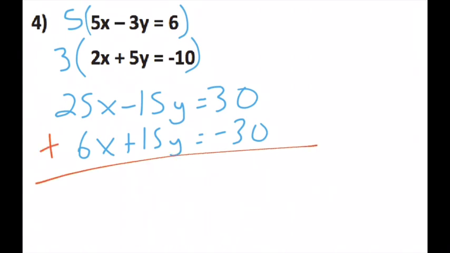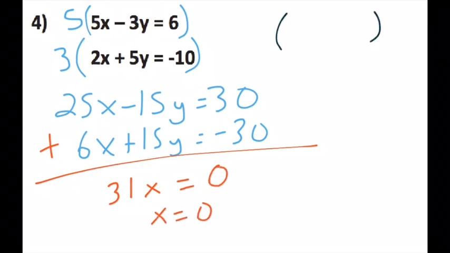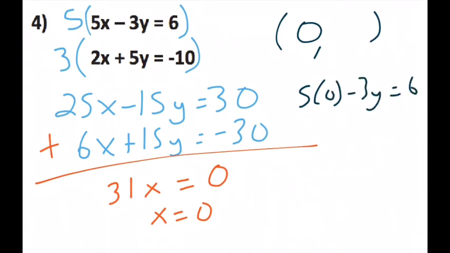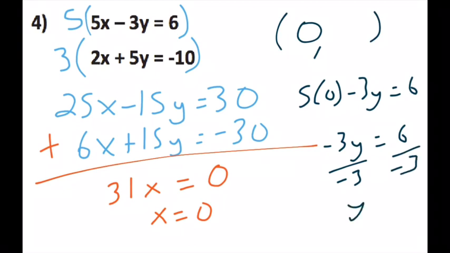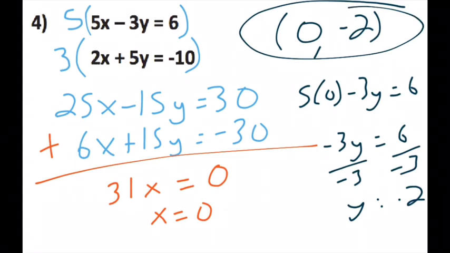So when I added these together, I would have gotten 31x equals 0, so x equals 0, the same answer as before. Then plug 0 in for x, and we would have 5 times 0 minus 3y equals 6. So negative 3y equals 6, divide both sides by negative 3, y equals negative 2, which is the same answer we got before.